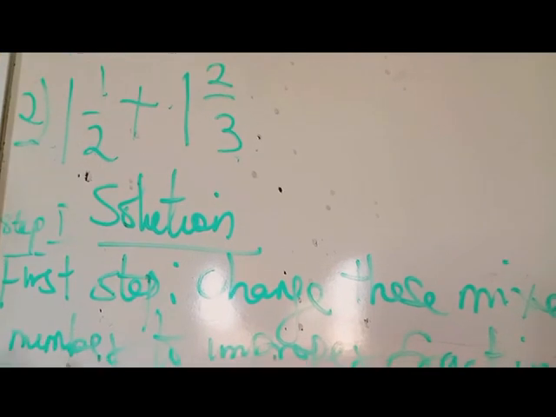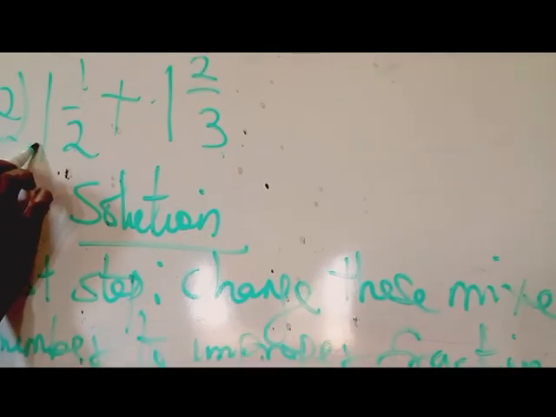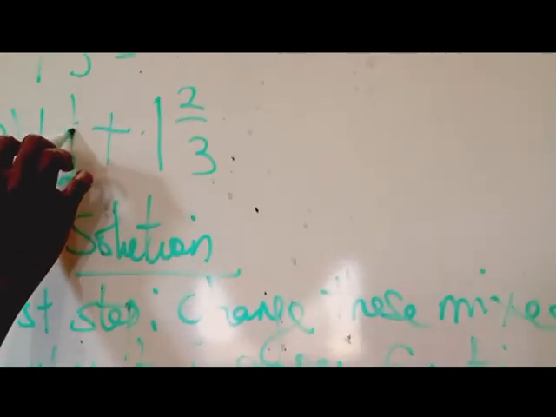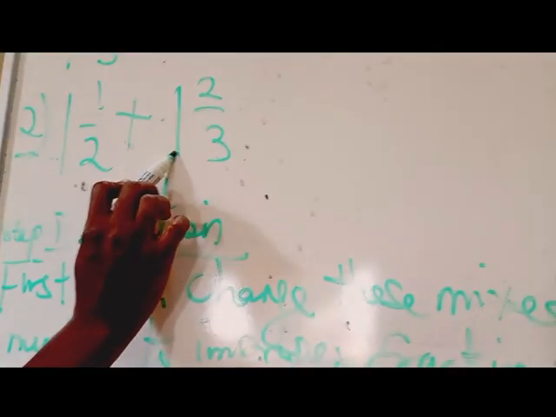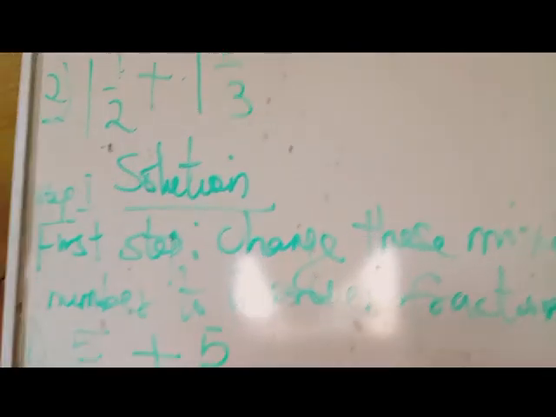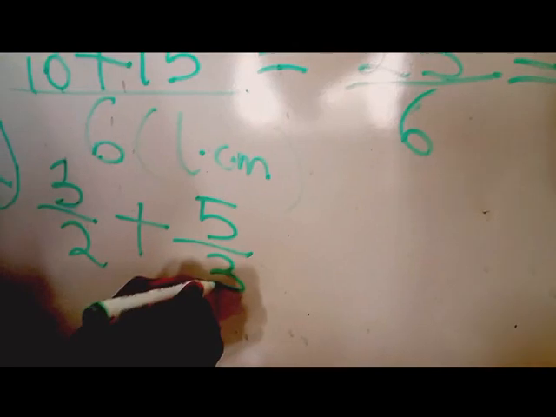You start afresh with all the steps. 2 multiplied by 1 is 2, plus 1 is 3. So we have 3 all over 2, plus 3 multiplied by 1 is 3, plus 2, that's 5. So we have 5 all over 3.